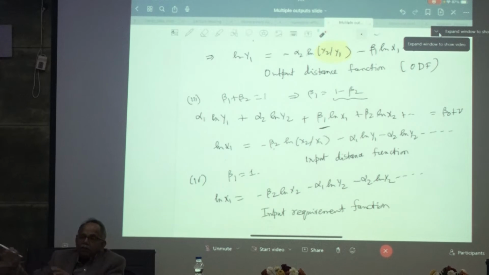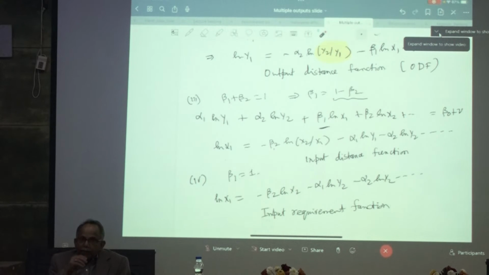So you have to serve the patients in a way that your cost is minimized. In that case, you should be using the input distance function. On the other hand, if your objective is to maximize revenue and your input quantities are given, then you should be using the output distance function. So there are some clear cases where to use the input distance function or the output distance function.